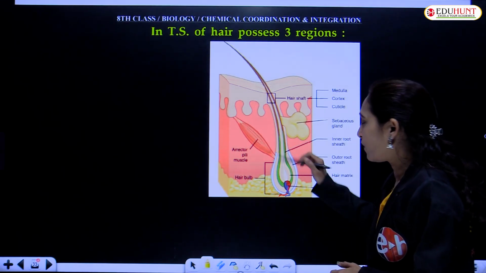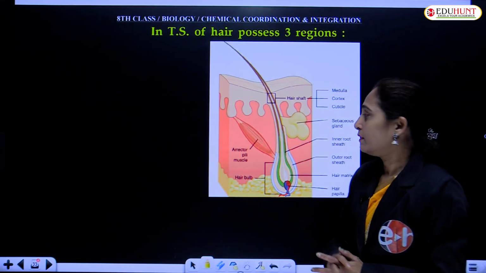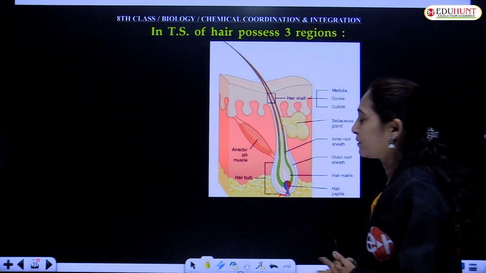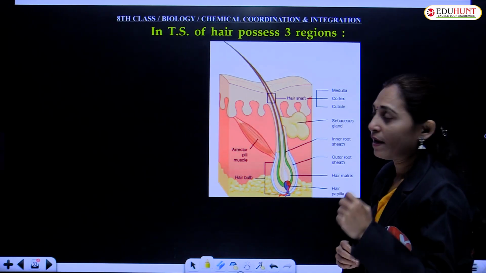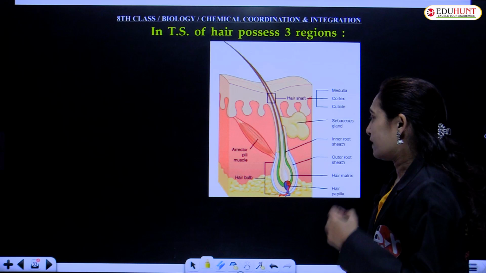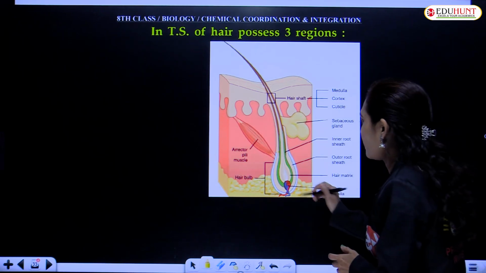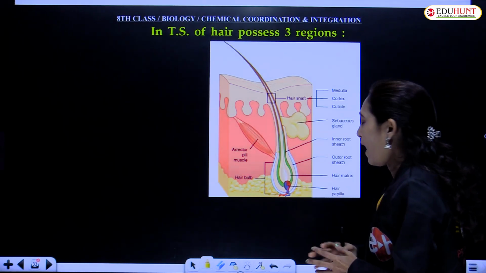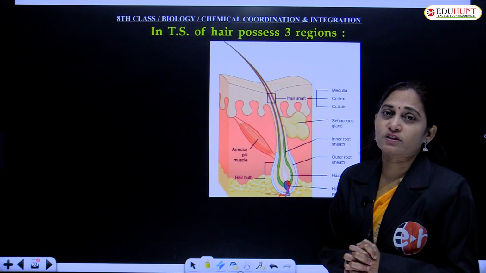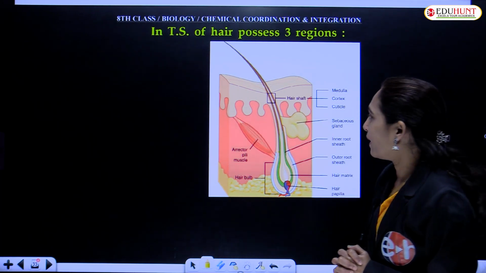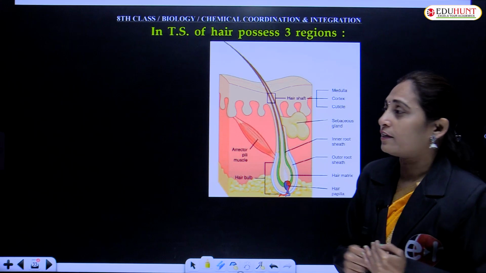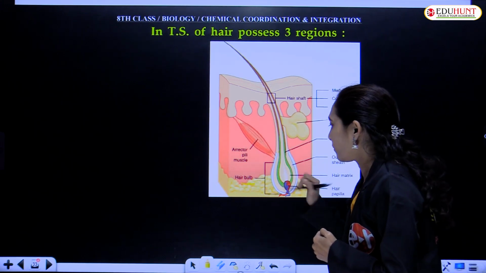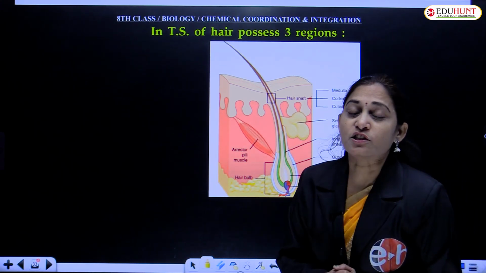The base of the hair is called the bulb, the hair bulb. That is the root part of the hair that we have already seen in the previous session. This hair bulb has some invaginations called hair papilla, and the cells in the region near the hair bulb are in the germinal layer.